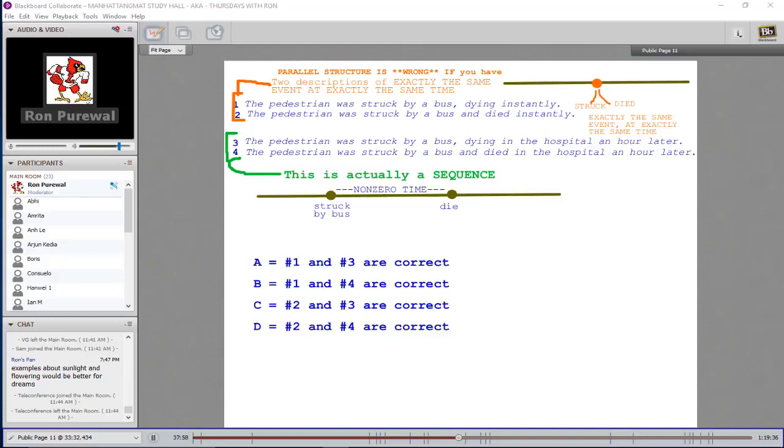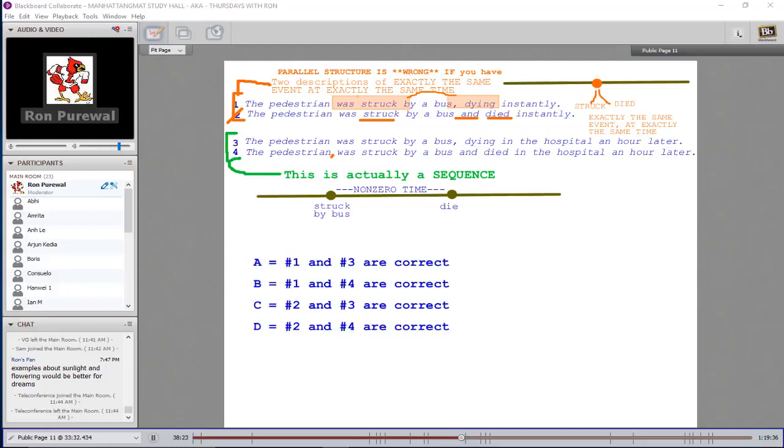So struck and died is incorrect because those are not two things. In this instance, you actually want to have comma dying as a description of struck by a bus. Whereas in the green pair, a modifier would be nonsense because these are different things.